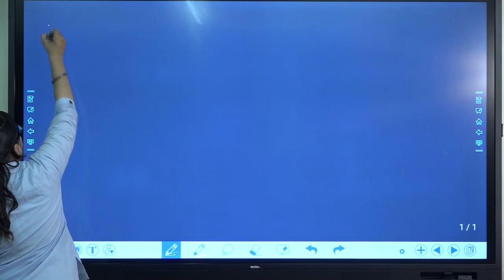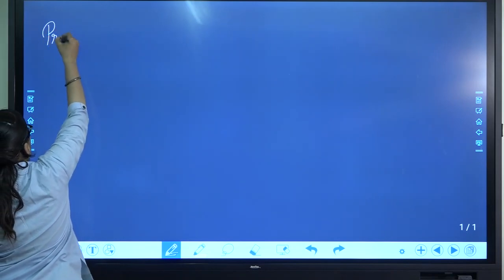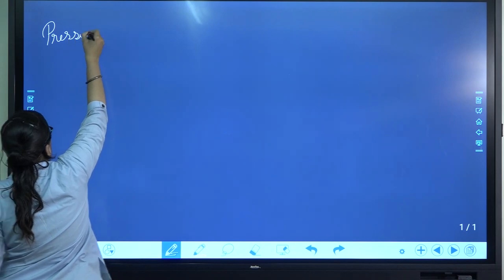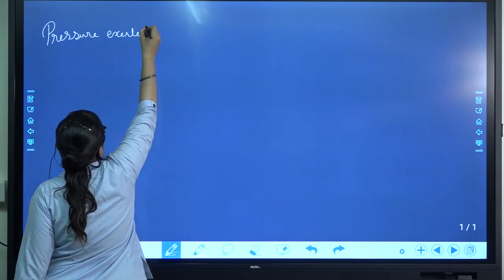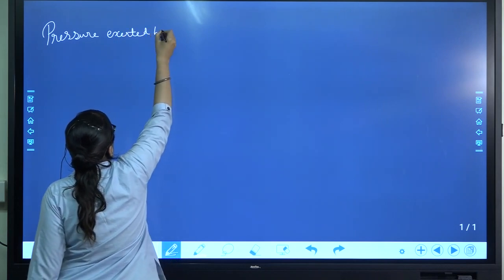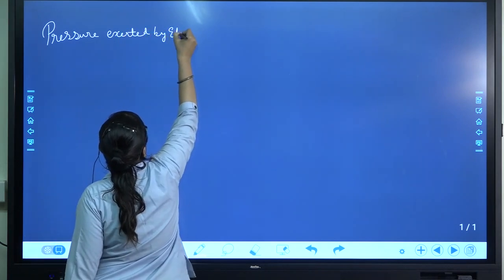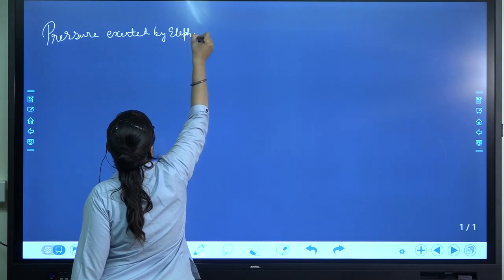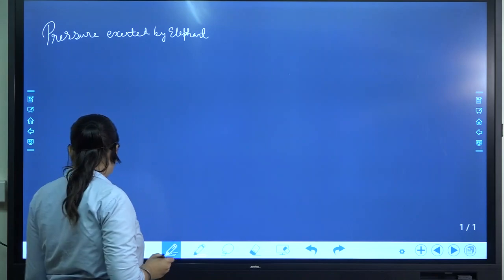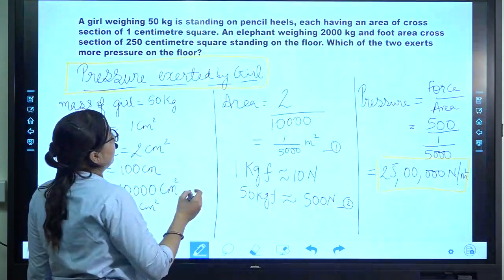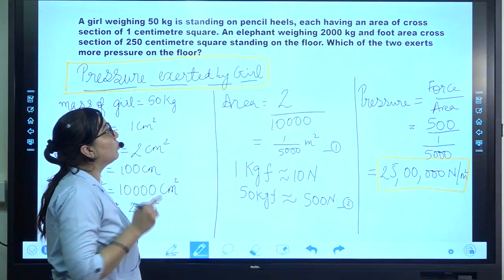So here we are going to talk about pressure exerted by the elephant. What is the mass given? Elephant is weighing 2000 kg.